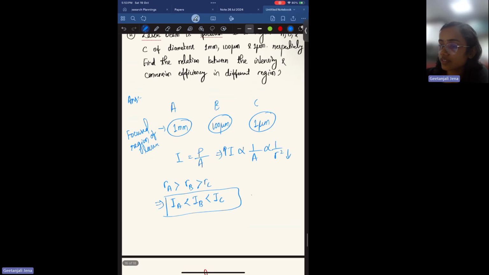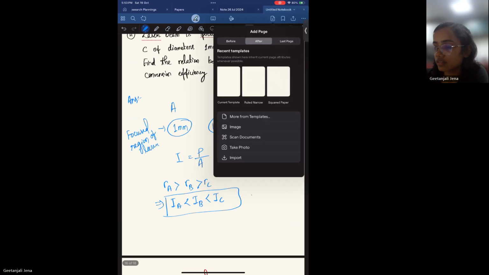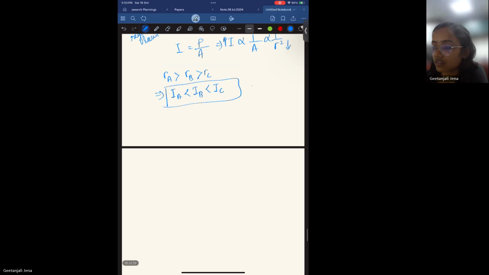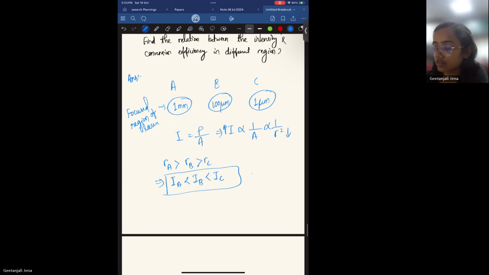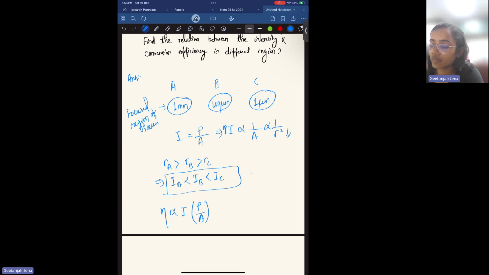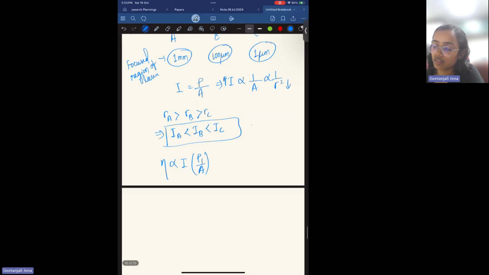And the conversion efficiency: if you recall, conversion efficiency eta is directly proportional to the intensity, which is P by A. So that means the higher the intensity of the focused laser beam, the higher the conversion efficiency.